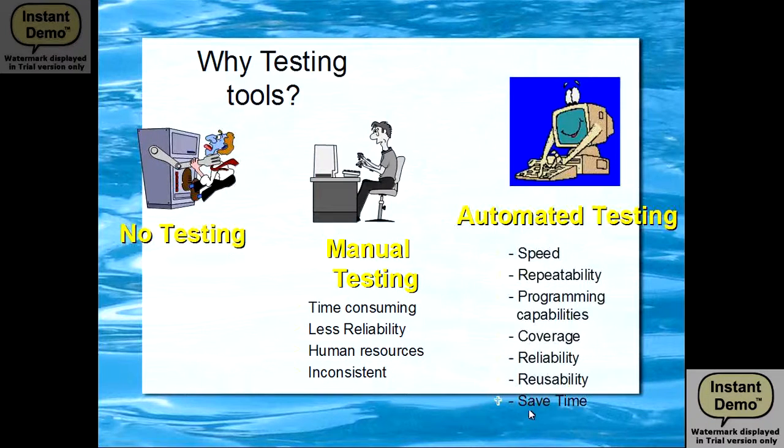Obviously here it will save time, because, with the same example of a login window, we just have to do the actions once, and then we can put that in a loop from 1 to 100, and automatically that loop will work and we'll be able to get the result.